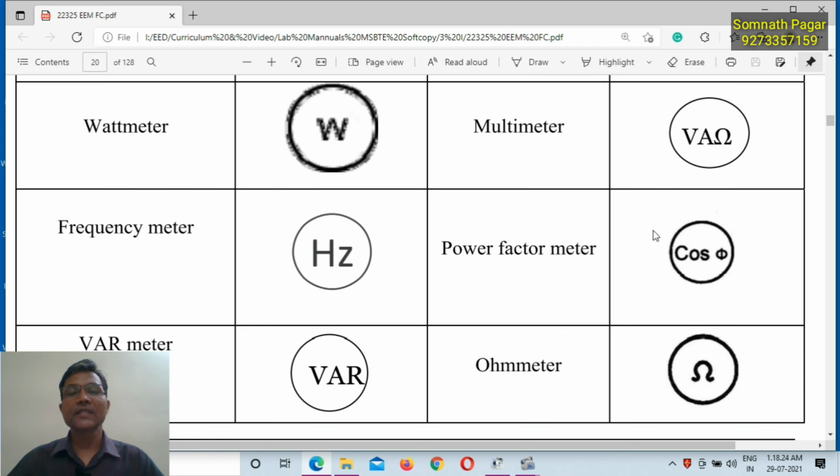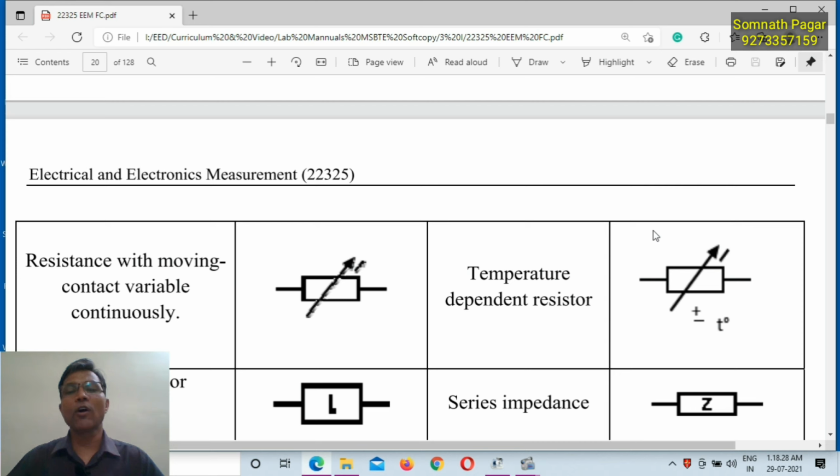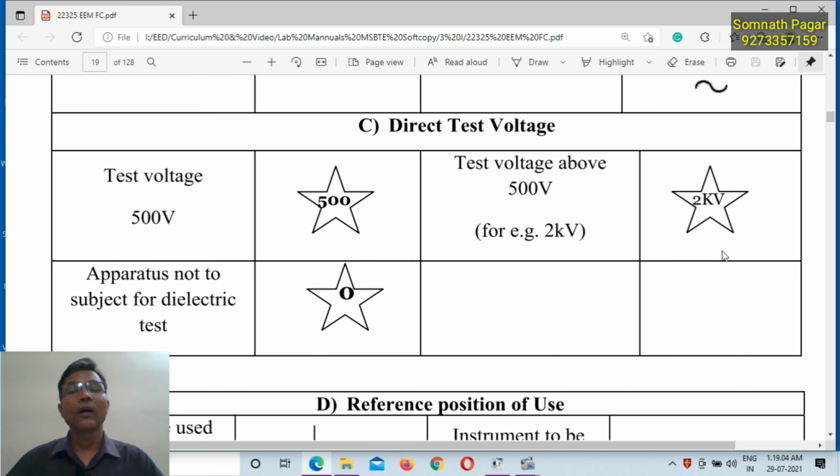So students, these are some useful electrical symbols for students of the electrical engineering branch, maybe diploma or engineering, and for electricians or wiremen. These symbols are very useful for all of them. I suggest you watch this video 2-3 times so that you can learn all the symbols truly.